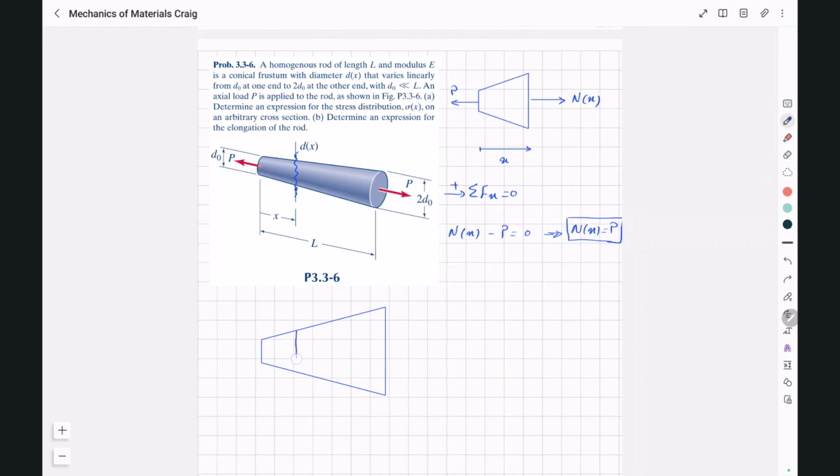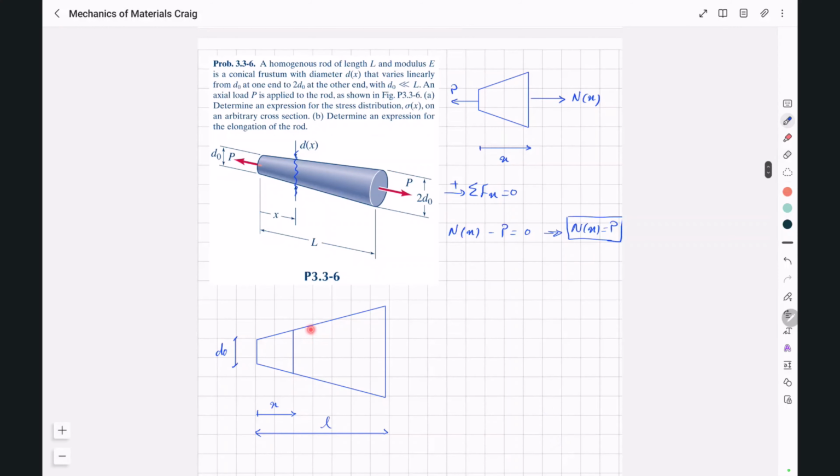This is going to be our cross section at distance x. This is x, this whole length is L, this is D0, this is dx, and this is 2D0.